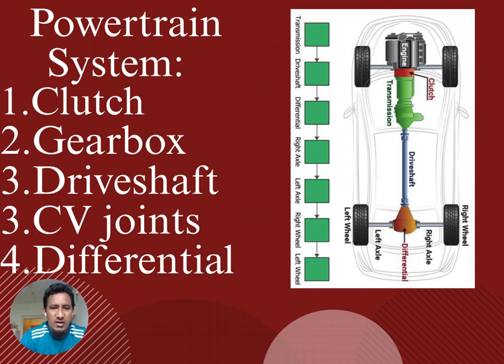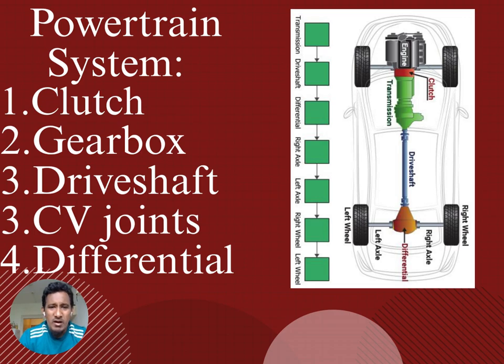At first, I can tell clutch, which is very important, and second, gearbox. Those are very important for the powertrain. And thirdly, we can say drive shaft. And there are also some components like CV joint and differential, which are very important.